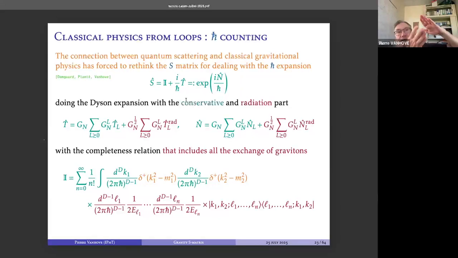For example, if you have two electrons that interact by exchanging a photon, then you can compute the scattering angle.